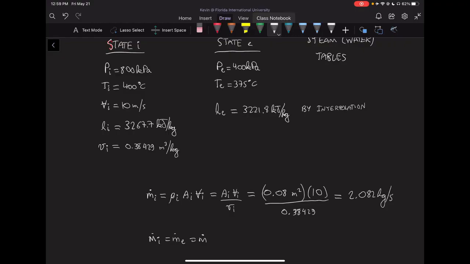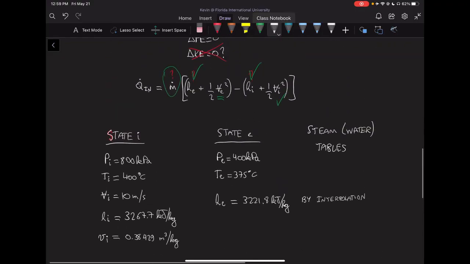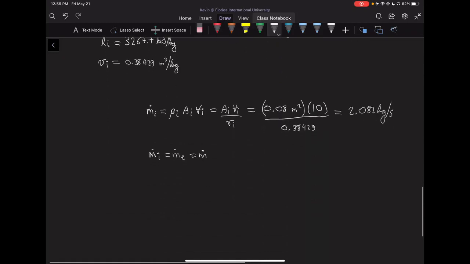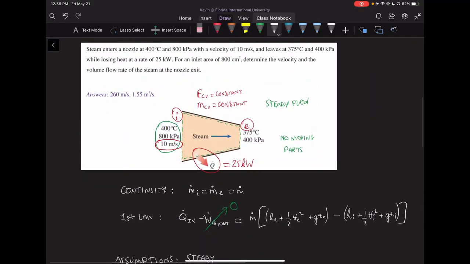And so now we can write the equation out and solve for VE. So let me write the whole equation out and then we'll see how we solve for VE. First things first, what is Q in? What is our value for Q in? If we look at our system, we're told that Q dot is equal to 25 kilowatts out of the system.